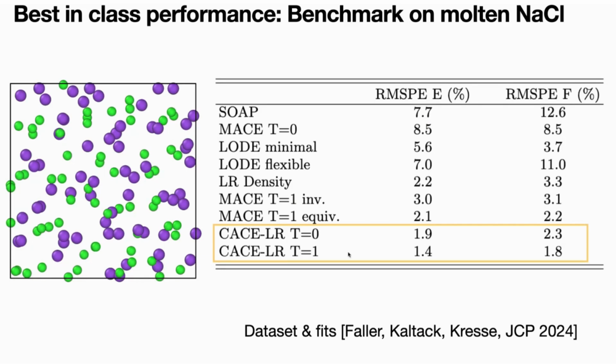For example, LODE is one of them, and there's also a long-range density descriptor. These are essentially based on projecting atomic density descriptors in the reciprocal space. However, LESS, which is very much simpler, actually performs better in terms of accuracy.